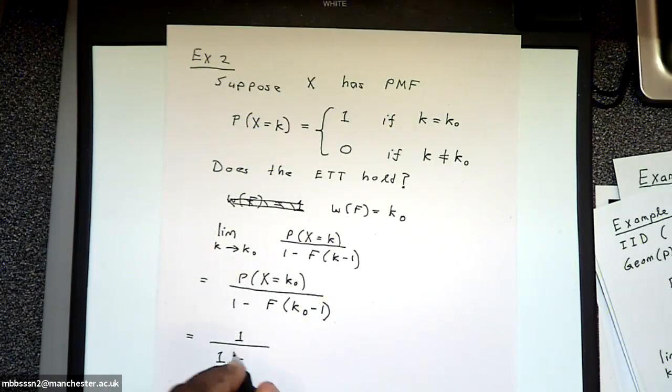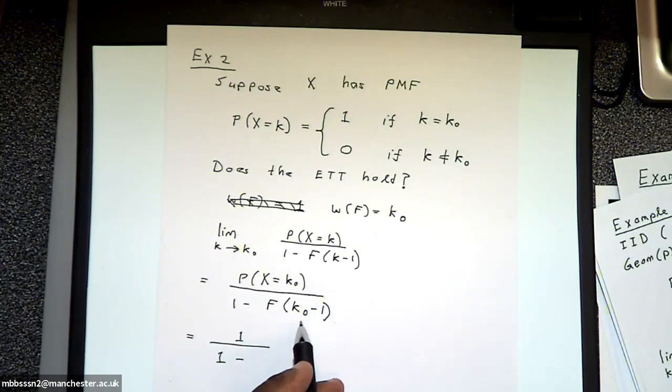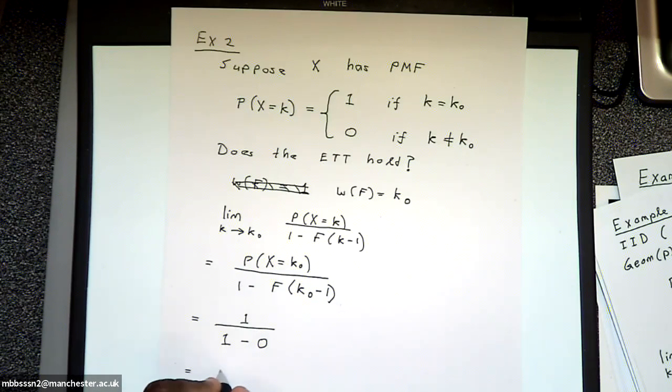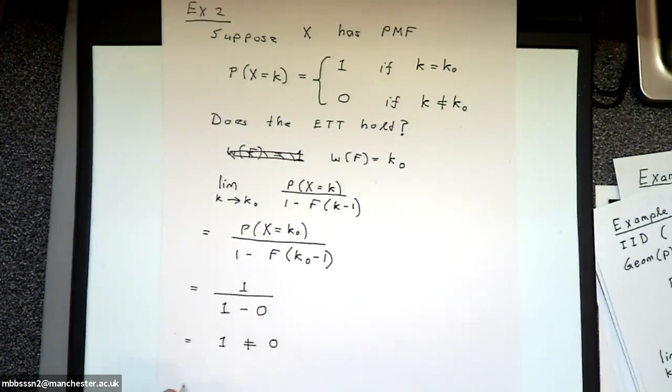And the CDF at K0 minus 1, because it's only defined at K0, the CDF at K0 minus 1 will be 0, right? So this is 1, so ETT fails to hold, right?